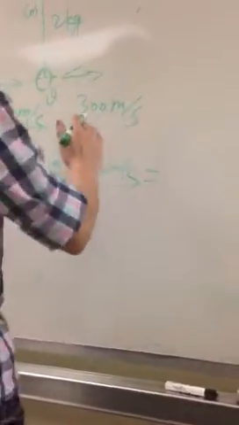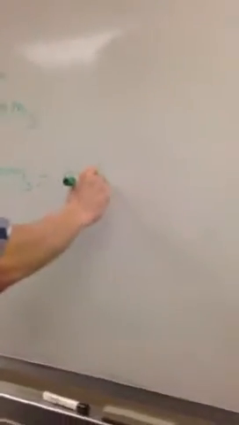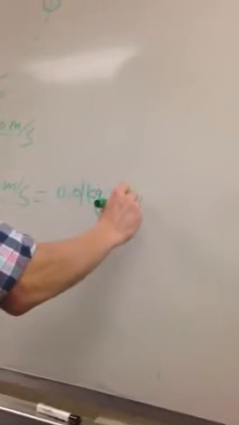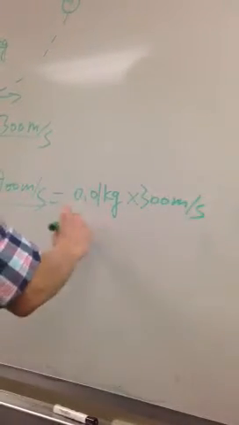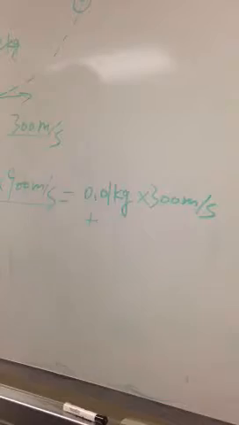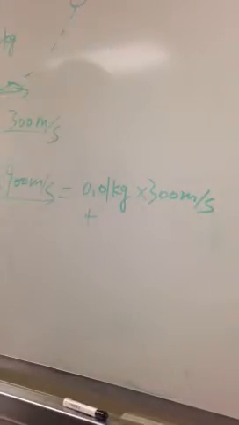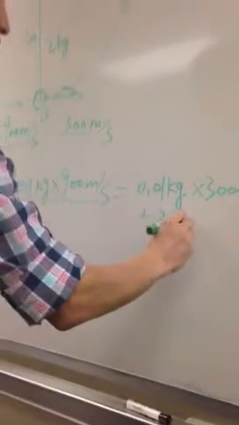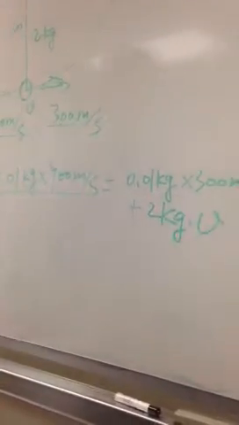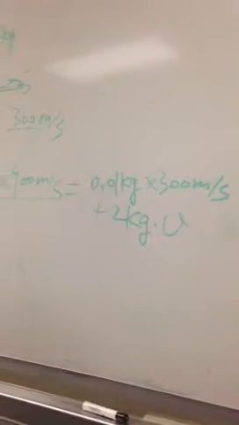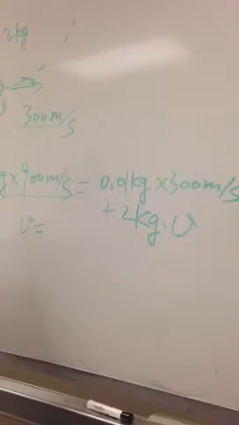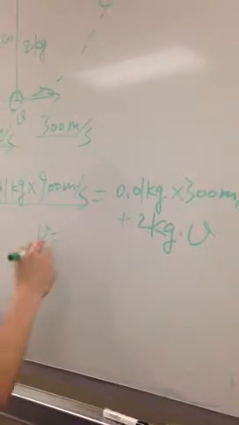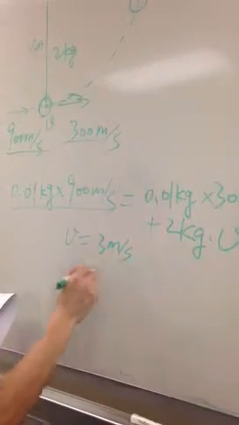And then after the collision, it turned to 300. But the ball got a velocity, right? It will be 2 kilogram times the final velocity. But that's a conservation. And then if you calculate, the velocity will be 3 meters per second.